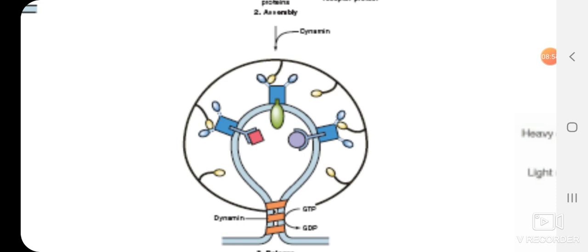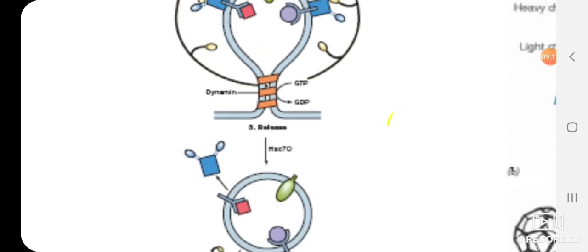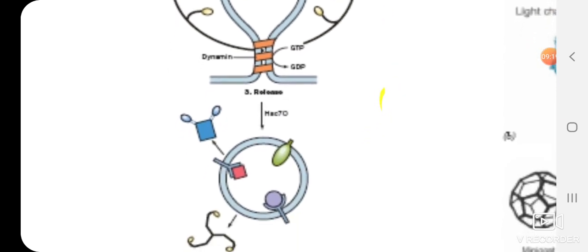So once it starts oligomerizing and squeezing this particular tube-like structure, the dynamin, in other words, pinches off this particular membrane. So once the membrane portion gets pinched off and the polymerization of the clathrin continues, it's going to form a caged or what I can say a coated vesicle.